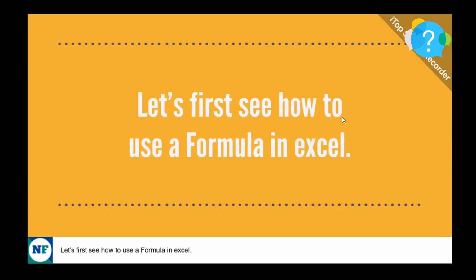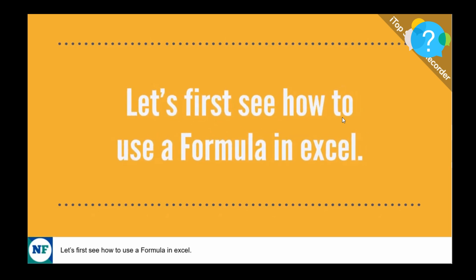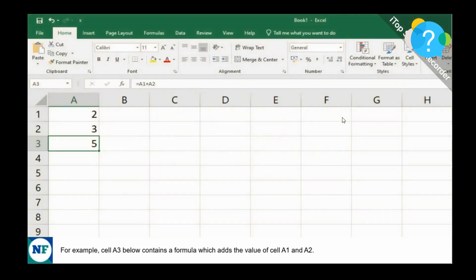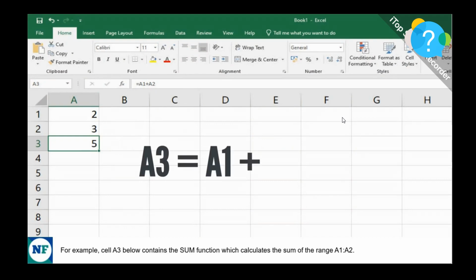Let's first see how to use a formula in Excel. For example, cell A3 below contains a formula which adds the value of cell A1 and A2. And now see how to use a function. For example, cell A3 below contains the SUM function which calculates the sum of the range A1, A2.